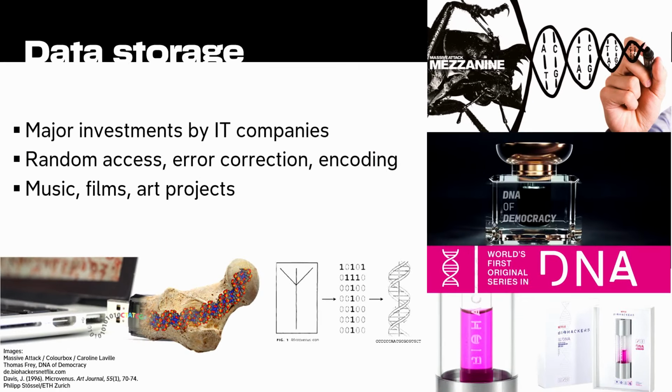Or in the bottom right, you can see a major streaming service who stored one of their bio-related TV shows in DNA. And my lab actually also collaborated with the band Massive Attack to store some of their music in DNA. And this DNA was then mixed into a can of spray paint, which was then in turn used to paint the album cover of the re-release of Mezzanine.